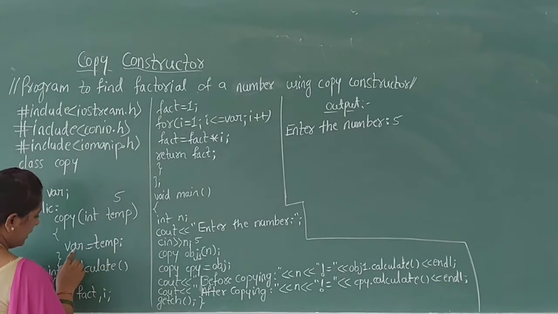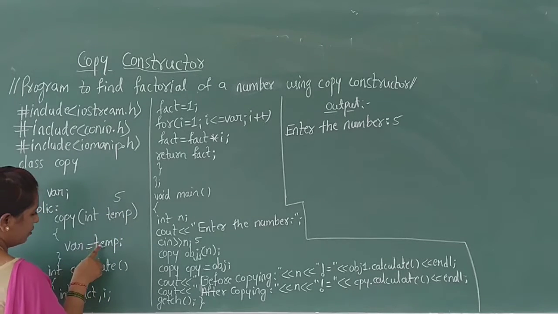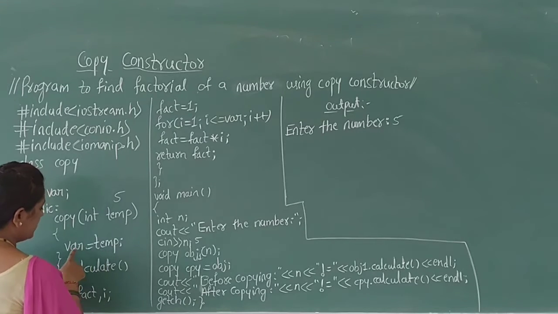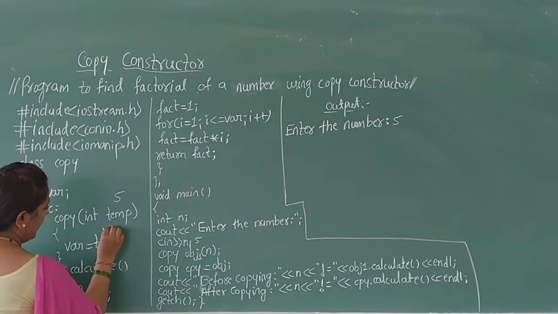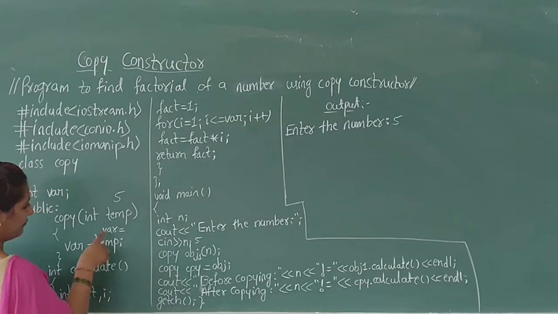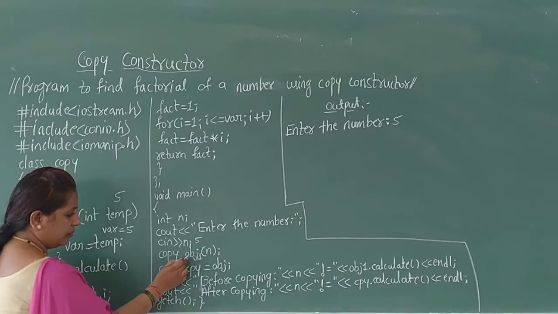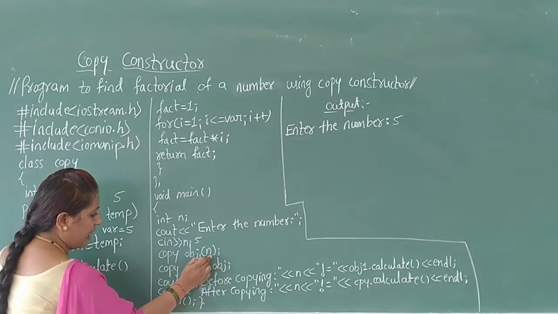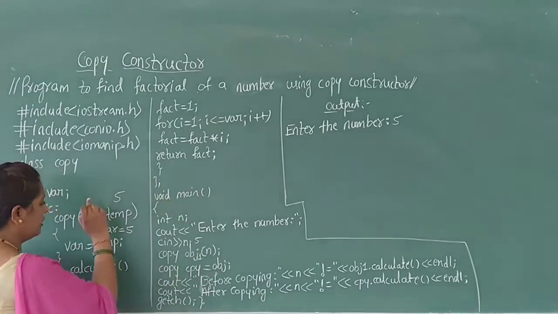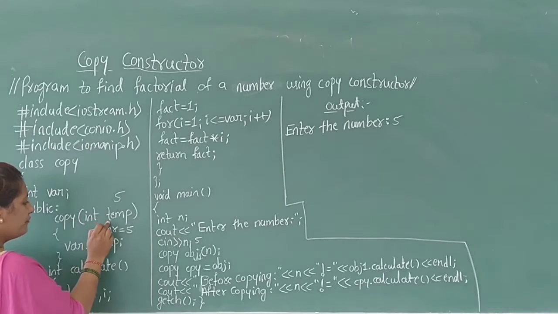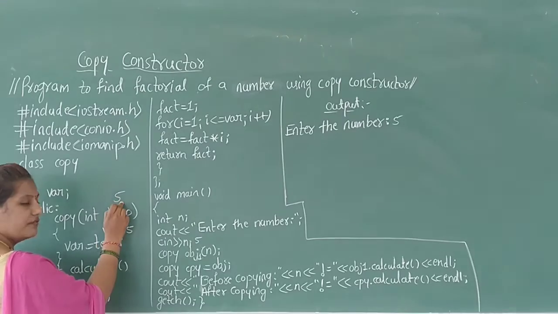Then again in the statement var is equal to temp, the temp value is assigned to the variable that is var. Now var is holding the temp value, that is 5. When this statement is executed, the n value that is 5 is copied to the object of the constructor, that is temp as 5.